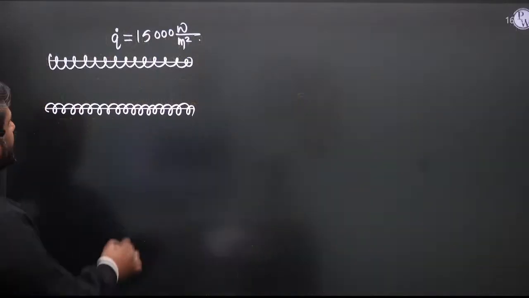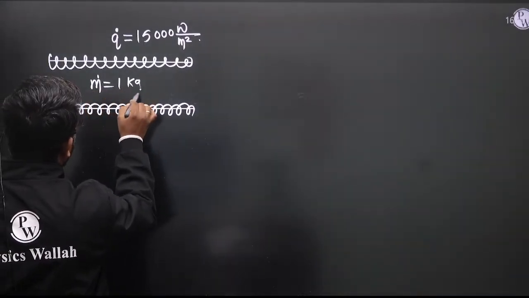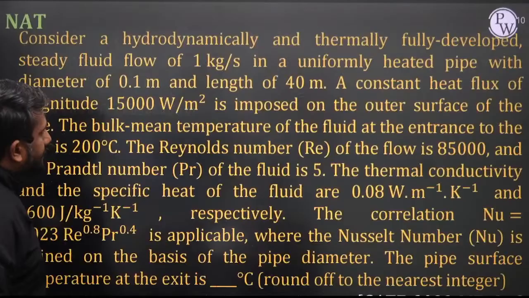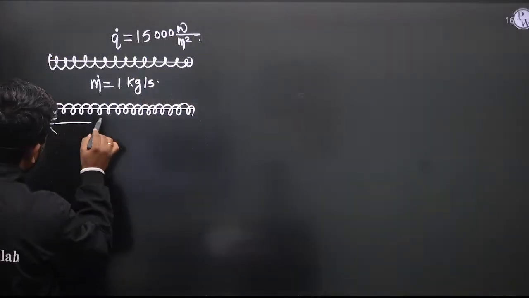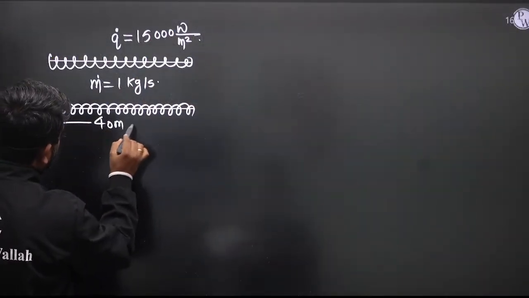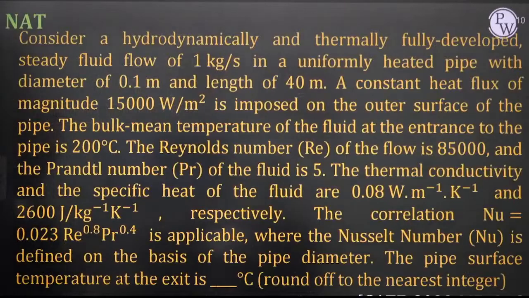Mass flow rate is 1 kg per second. And the length is 40 meter.